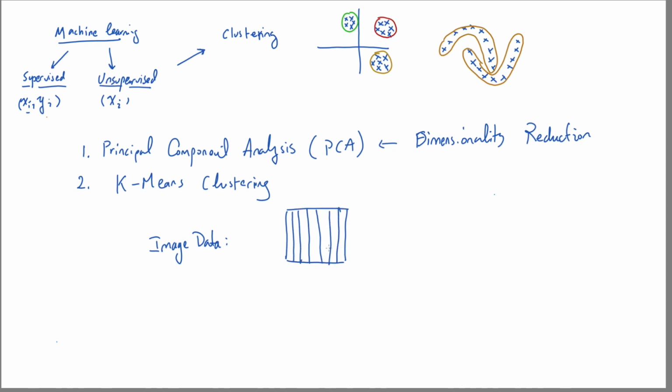Let's say we have P rows and P columns. Each grid cell is a pixel. A pixel is a number between, let's say, 0 and 1. You can normalize it to be anything you want.